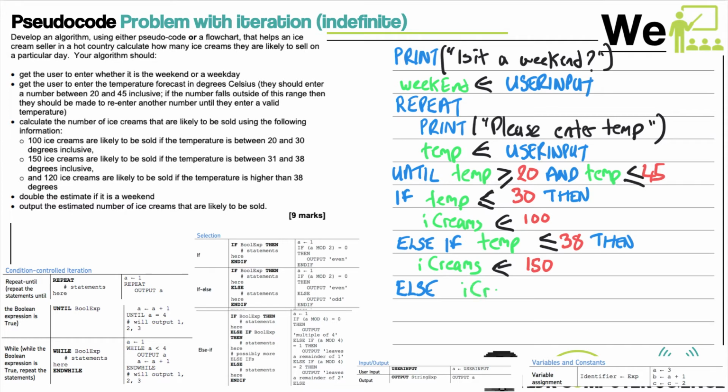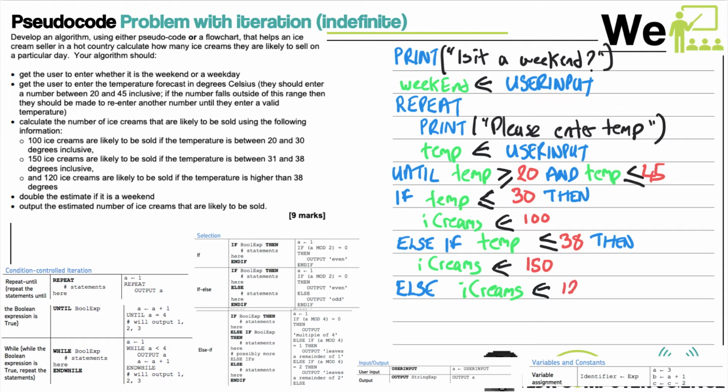My apologies. It doesn't change the way the algorithm works. It just makes it look a bit ugly. In fact, the way I wrote that was pretty horrible as well. So iCreams, let's look at the last one here, is 120 if it's there. Oh, you'd have thought it would be higher again, but it's not.